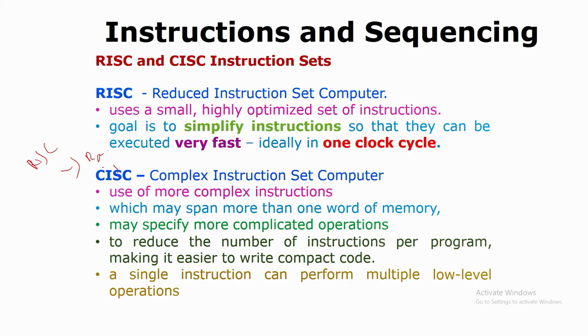So here, a simple number of simple instructions, each designed for efficient execution in a single clock cycle. Whereas CISC is in direct contrast to RISC, which means RISC has a reduced number of simple instructions, whereas the CISC architecture provides a large number of complex instructions.